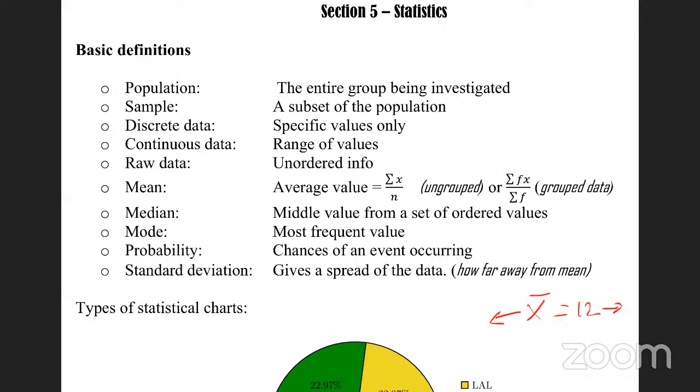If you have a large standard deviation, your values are very far from 12, so you might get like 1 and 95. With a small standard deviation, your values are really close to 12. Remember that standard deviation implies how far away the values are from the mean.